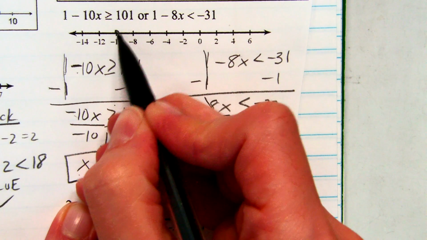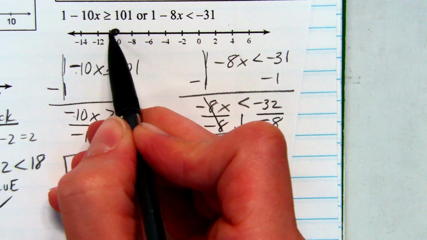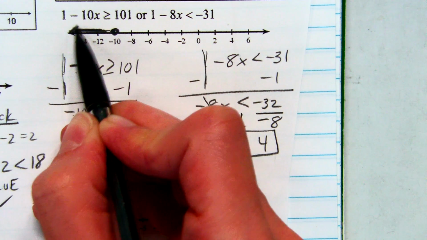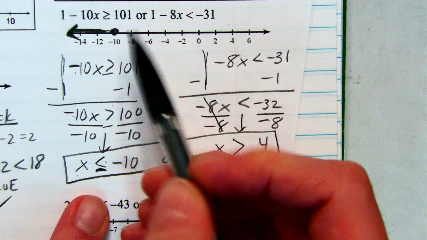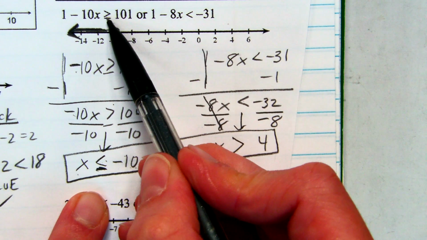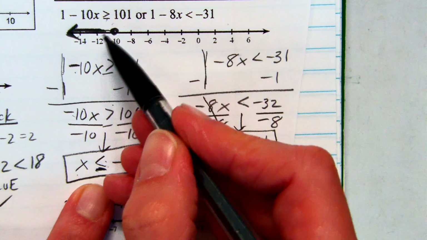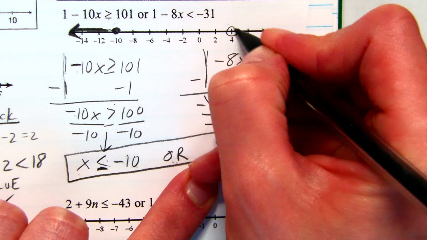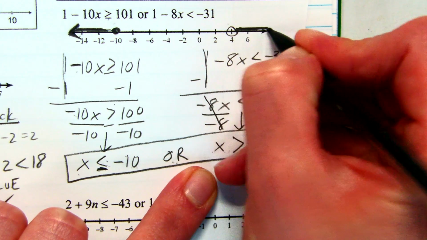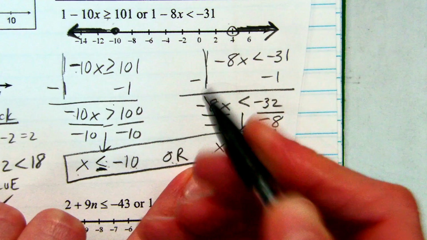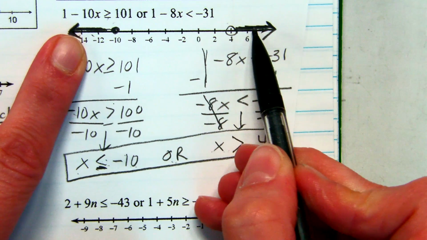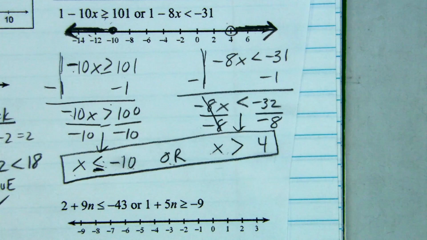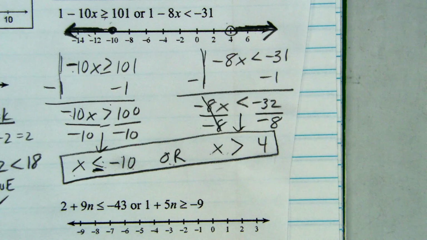We're going to put a point that's filled in at negative 10 because it had an equal to, so now that you guys have straightened me out, and then do that arrow this way. So even though it was greater than in the original problem, the answer has less than, so it's going to go to the left. And then x is greater than 4. We put our circle at 4, not filled in because we don't have equal to, and to the right. So my solutions are here or they're over here. And you just put all of it on the graph. Okay?